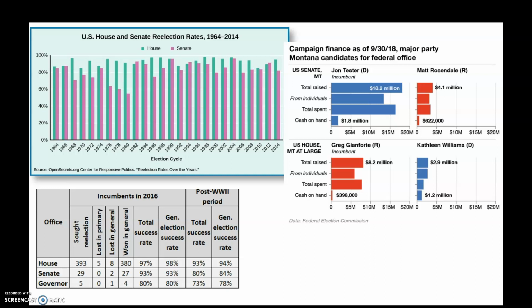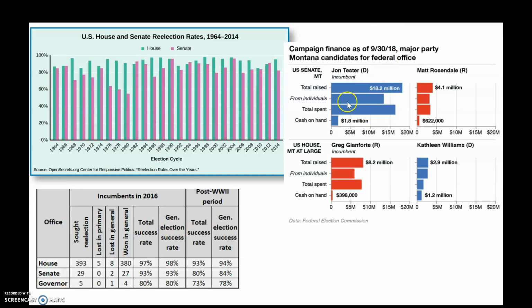And you can see here on the right hand side, this is for Montana in 2018 and the money that was raised by the various candidates. The sitting senator for Montana, John Tester, Montana's quite a Republican state, but they have a Democrat senator. Obviously he felt he was kind of endangered, so to speak. You can see on the right hand side of the page how much he raised.